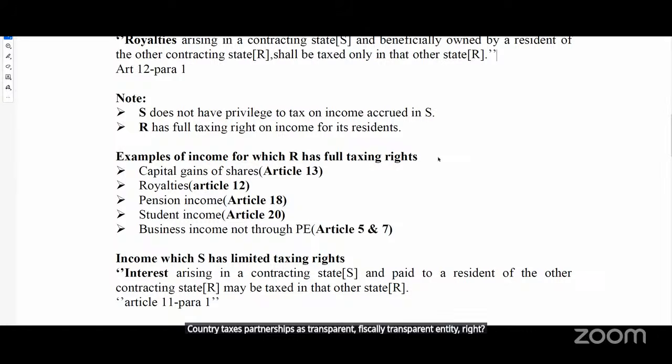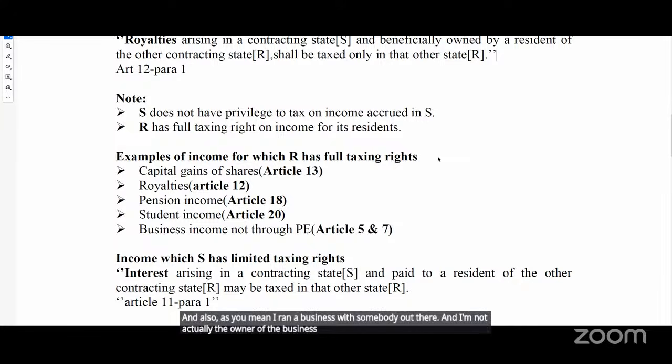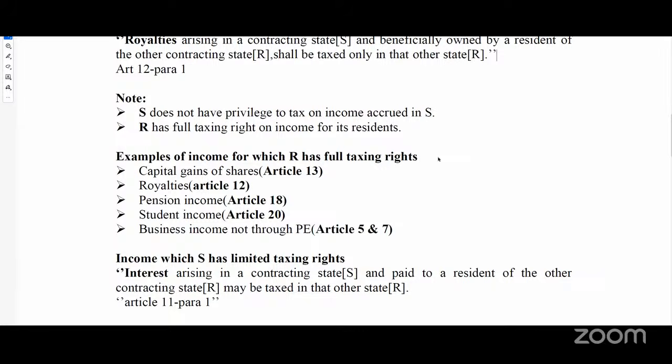Do you understand what I mean? And also, assuming I run a business with somebody out there, and I'm not actually the owner of the business there. It is just an allocation from the business that came to me. Do you understand?